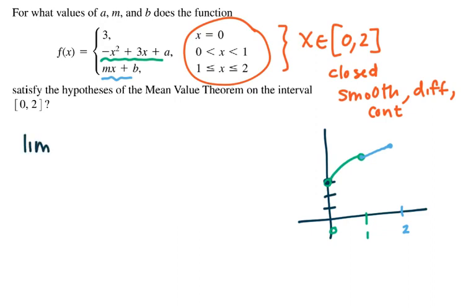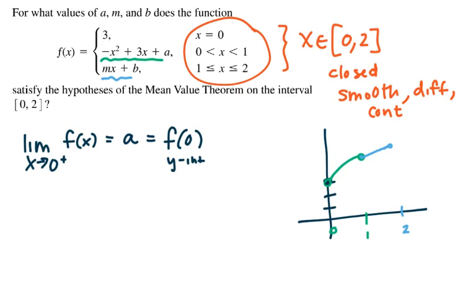So the limit as x approaches 0 from the right of my function f, we're going to get that output value, the y-intercept, right? The y-intercept of this parabola is going to be a. So f of 0 is a, which is the y-intercept.